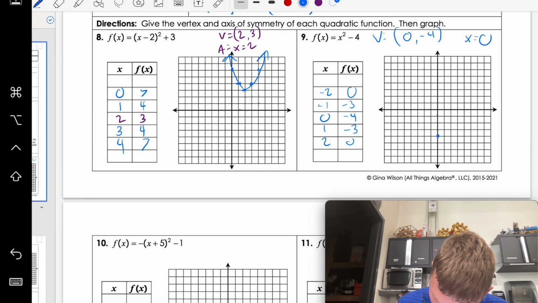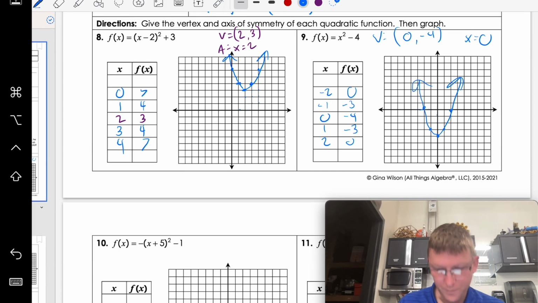Y is -4. Sorry about that. And then 1 is -3. 2 is 0. See? Even easier than the last section, right? So that's all this is: pull the vertex out, throw some points at it, and graph the equation.